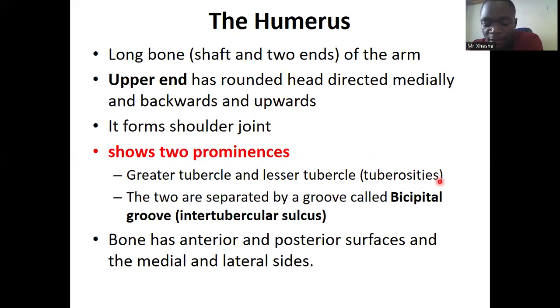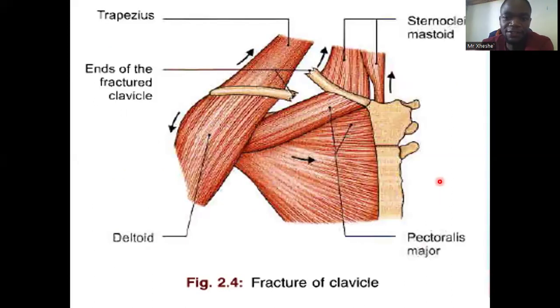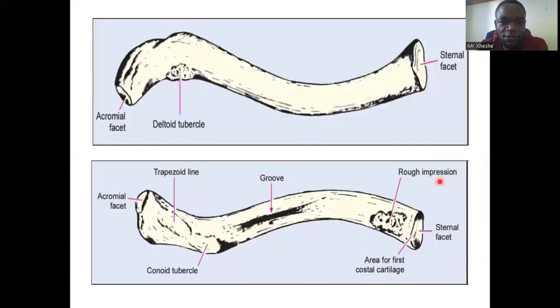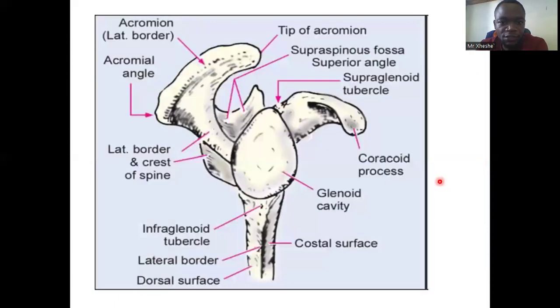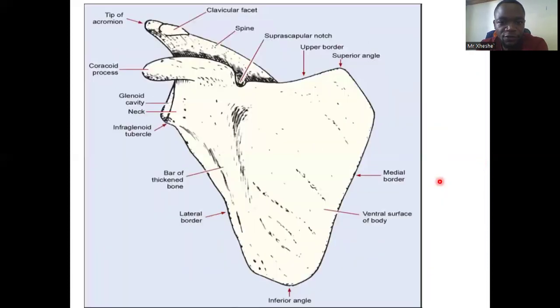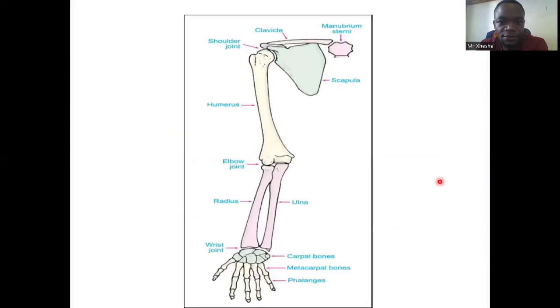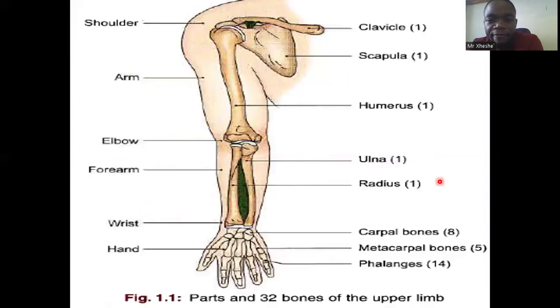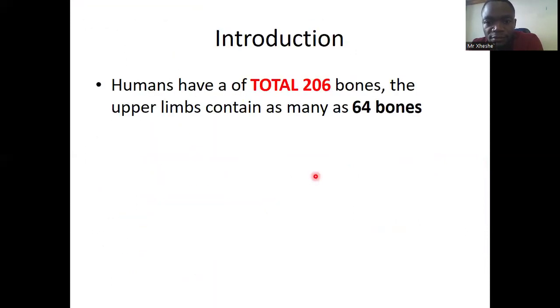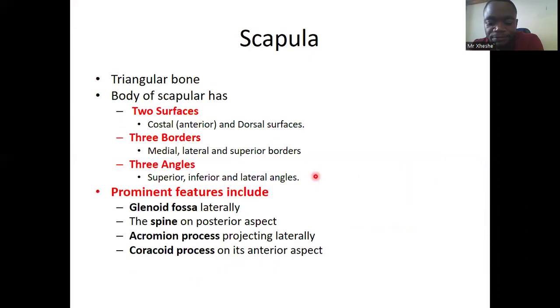Now, what joints do we expect the clavicle to make? The clavicle makes 2 joints. I'll take you to the actual diagram. One is with the sternum, one with the scapula.